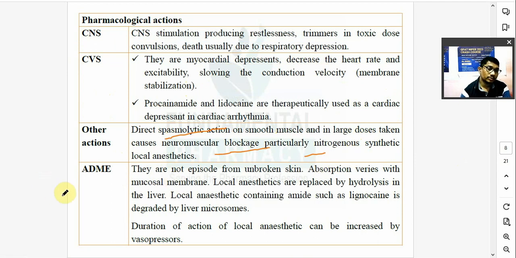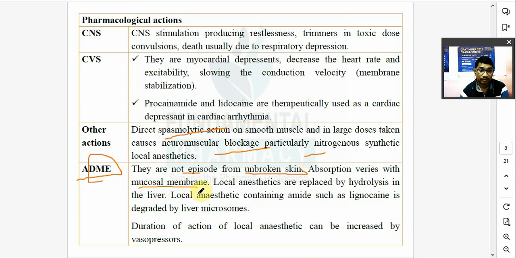What are their absorption, distribution, metabolism, and elimination? They are not absorbed from unbroken skin. If your skin has no problem, they are not absorbed from unbroken skin. Absorption varies with the mucosal membrane.